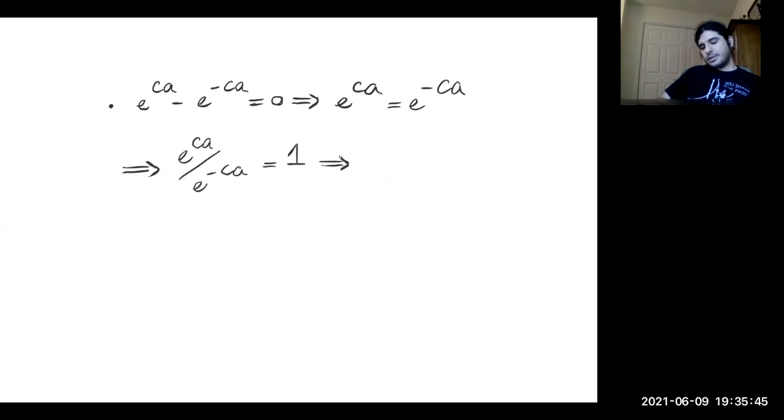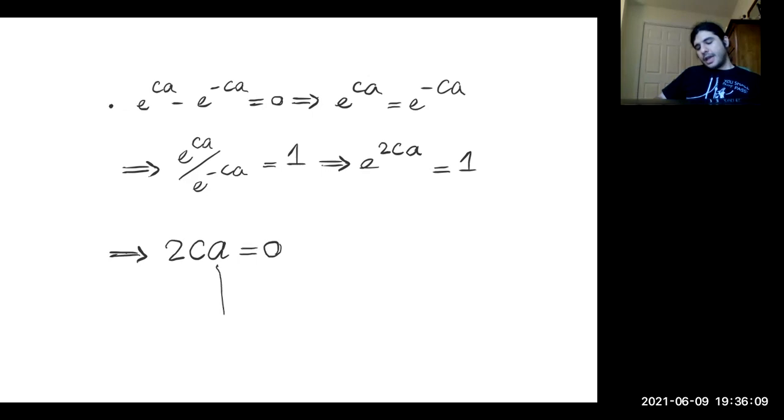Therefore, e to the 2ca is equal to 1. If you take ln from both sides, that means e to the power is 1, so the power should be 0. So 2ca should be equal to 0.